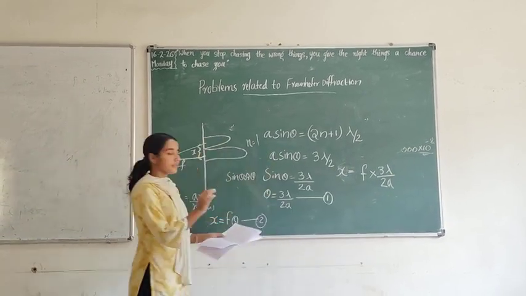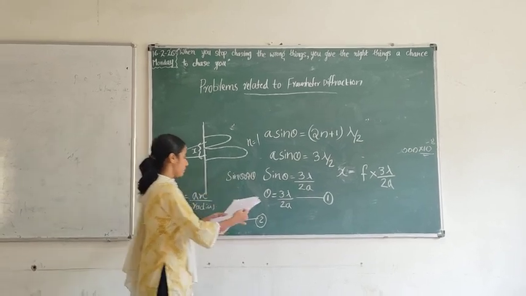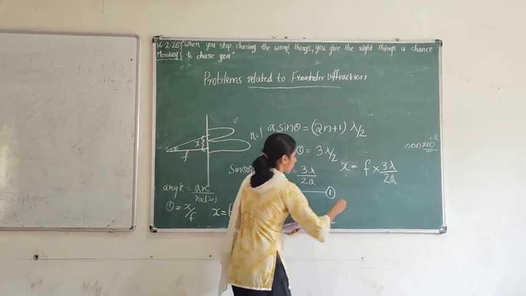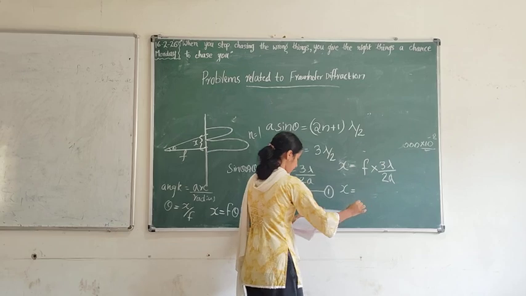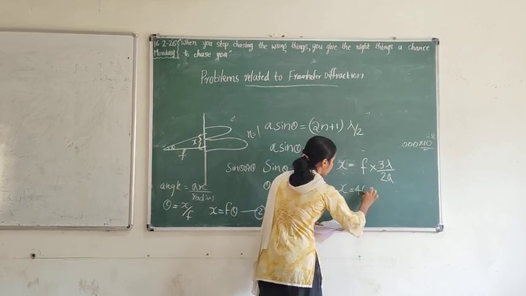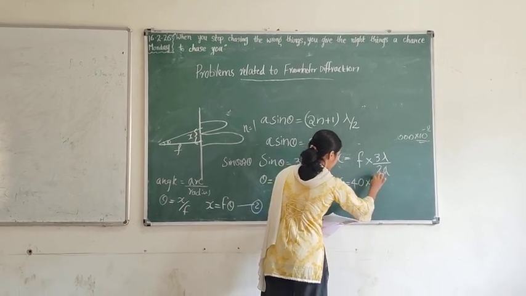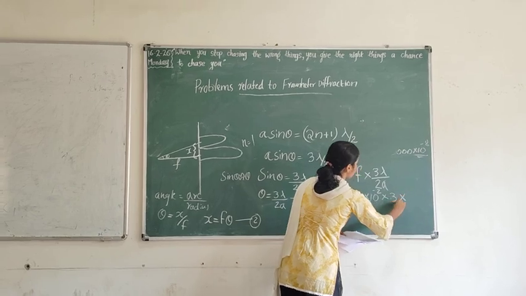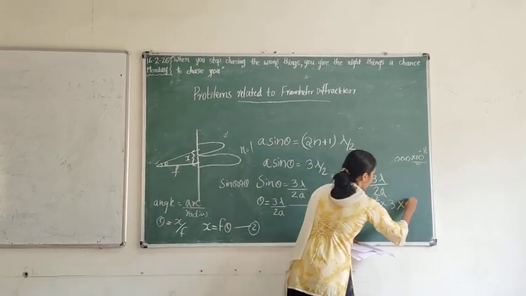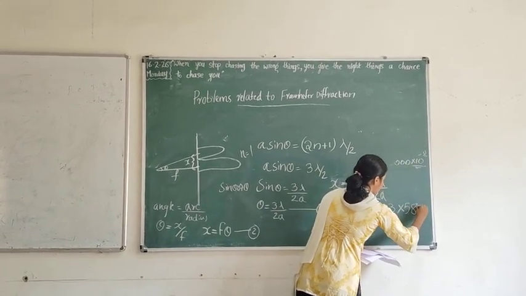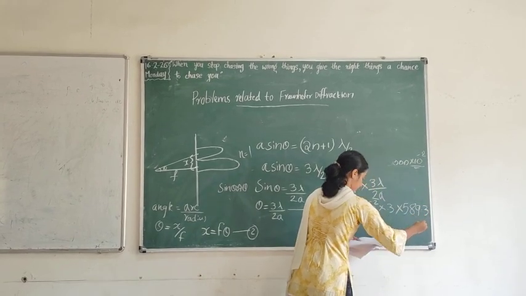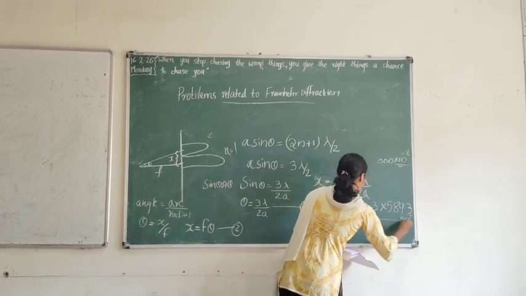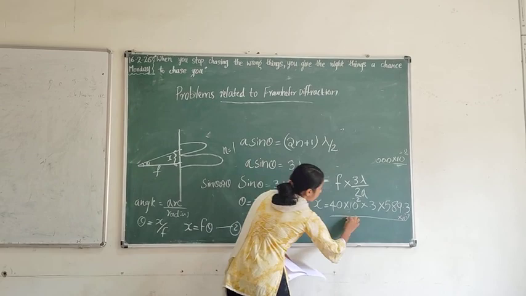Then substitute all the given values into the equation. Here f is 40 into 10 raised to minus 2. Then 3 into wavelength lambda, 589.3 into 10 raised to minus 9, all divided by 2a.